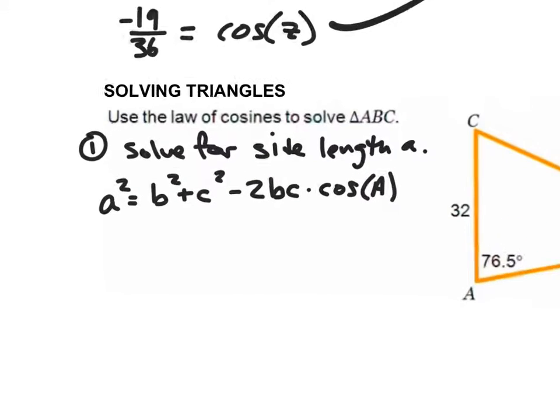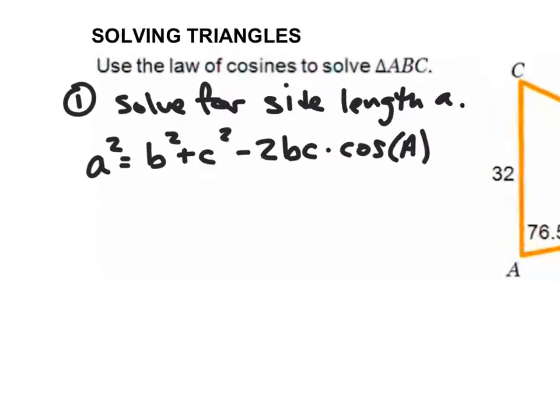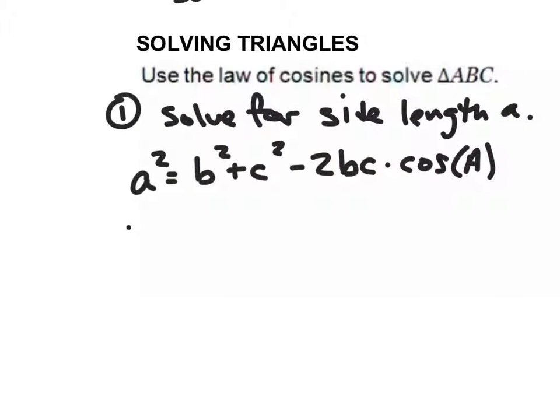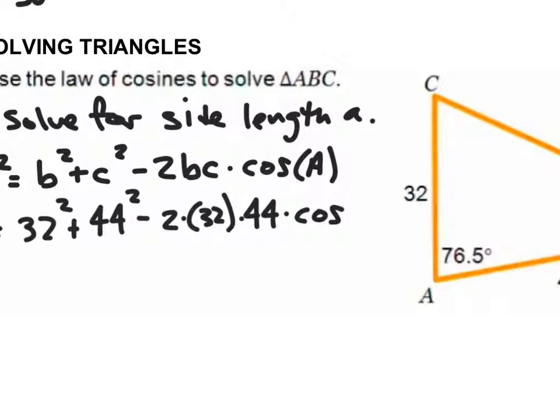So let's plug all these in. A squared is equal to 32 squared plus 44 squared minus 2 times 32 times 44 times the cosine of A, and A is 76.5 degrees.